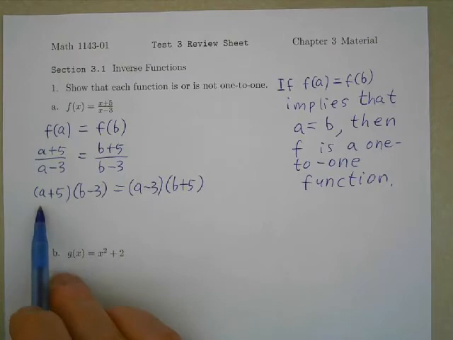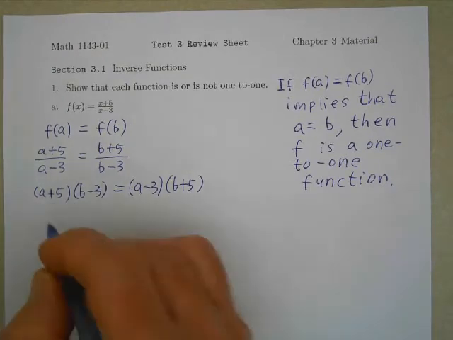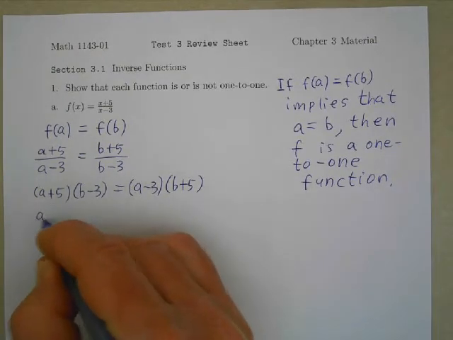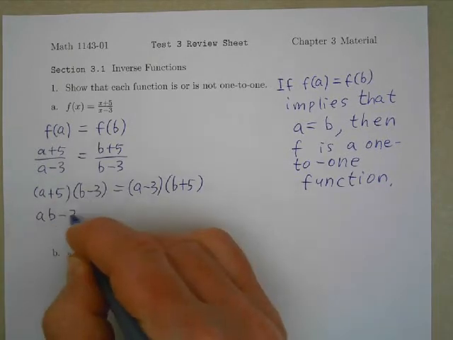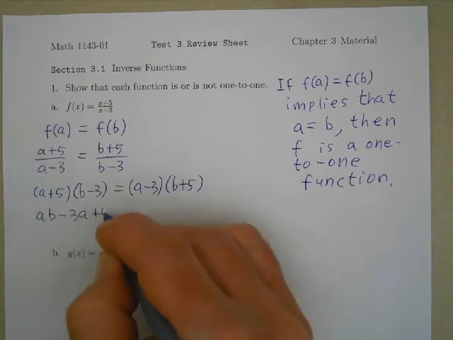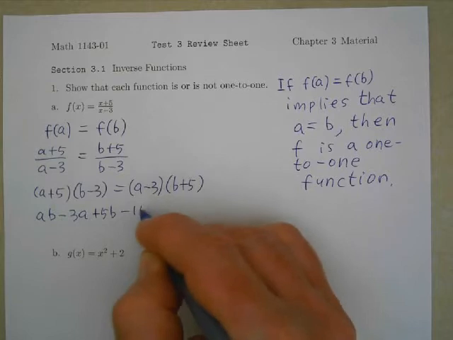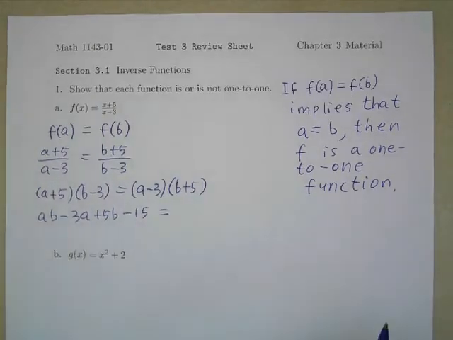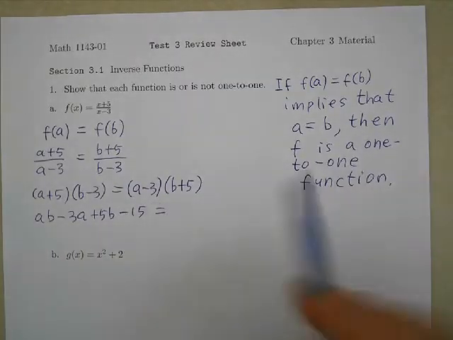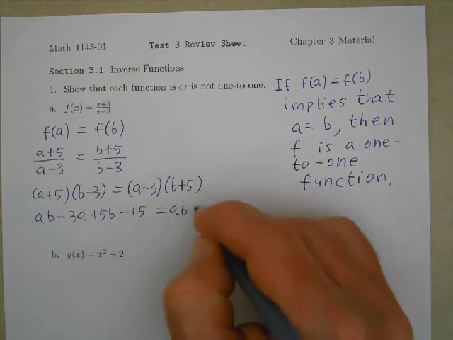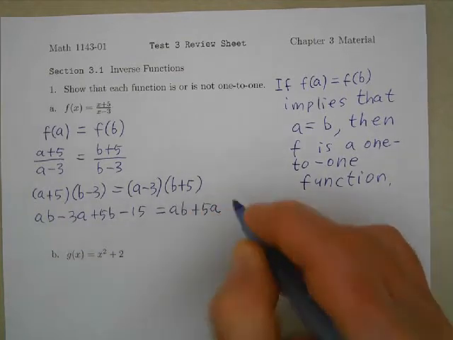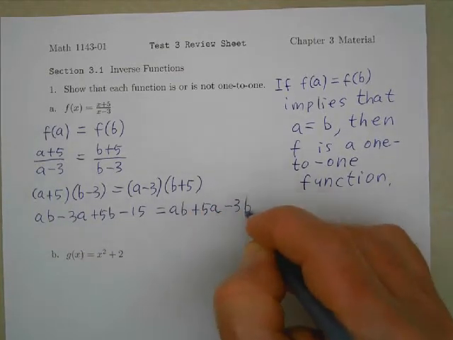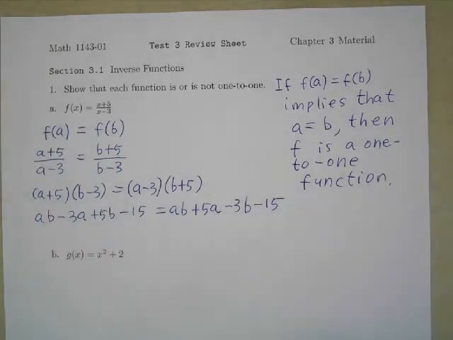And then multiply the two binomials on the left-hand side. We get a times b minus 3a plus 5b minus 15. Multiply the two binomials on the right-hand side. We get a times b plus 5a minus 3b minus 15.